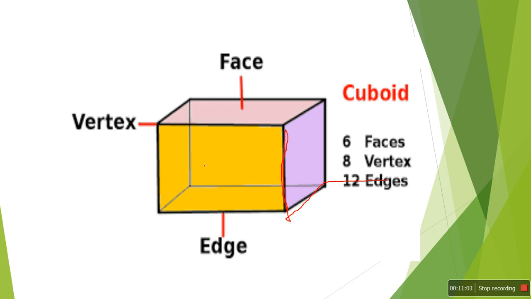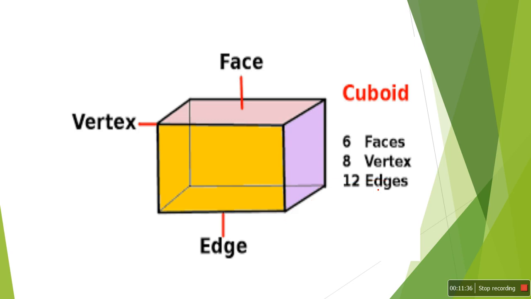And let me count edges also. Edges are straight lines. So let us count: 1, 2, 3, 4, 5, 6, 7, 8, 9, 10, 11 and 12. There are 12 edges. So in a cuboid you will find 6 faces, 8 vertices and 12 edges.